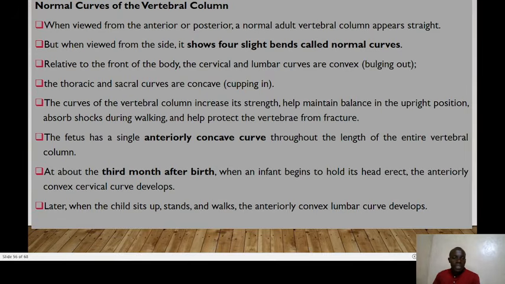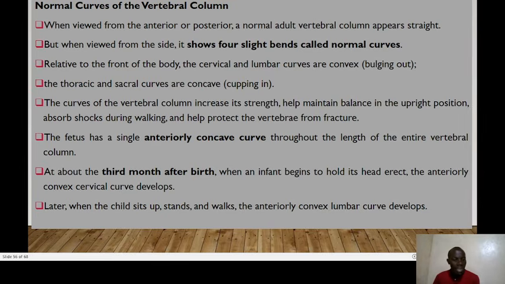The curves of the vertebral column increase its strength, helping to maintain balance in an upright position. It absorbs shock during walking and helps protect the vertebrae from fracture. The fetus has a single anterior concave curve throughout the length of the entire vertebral column.